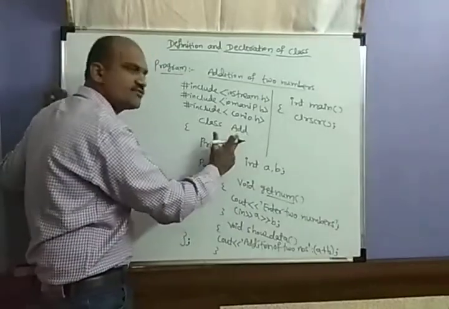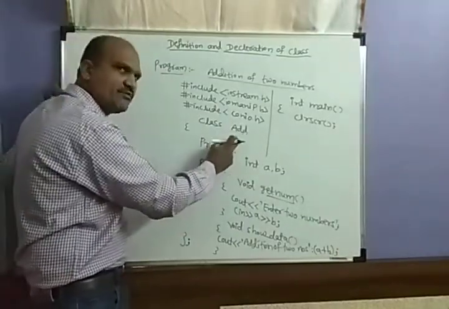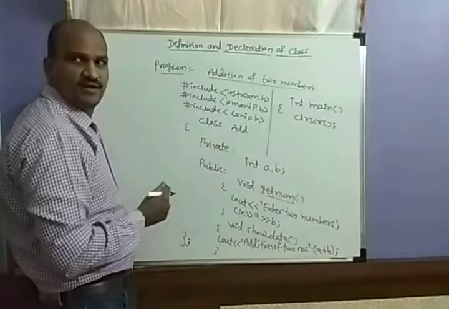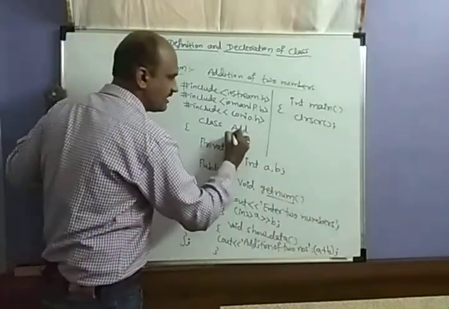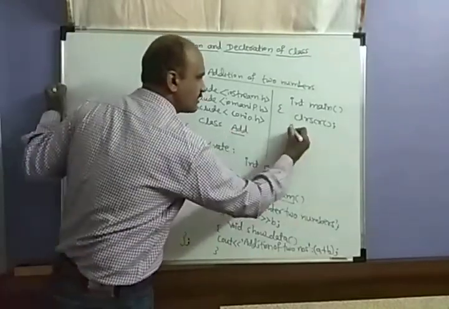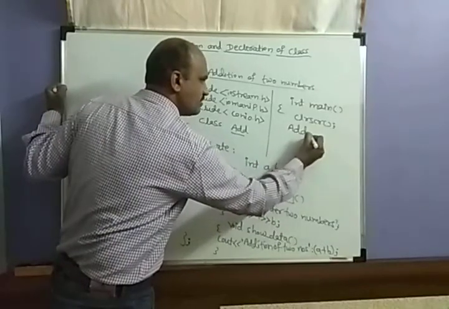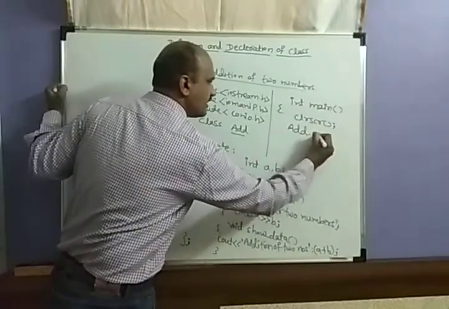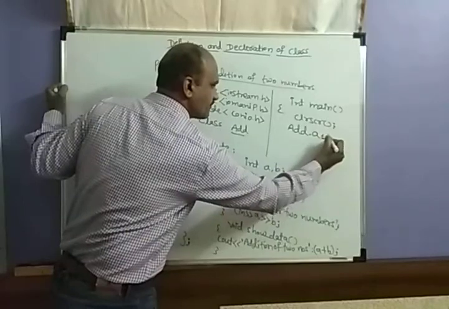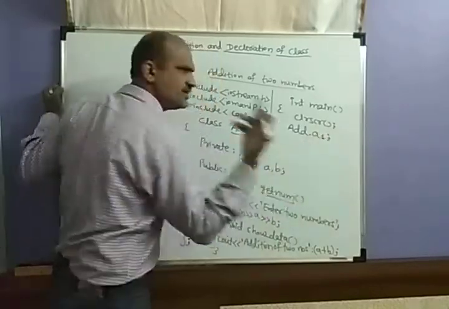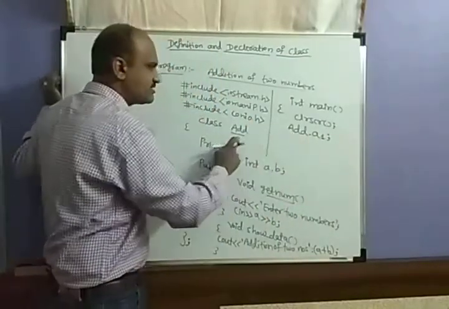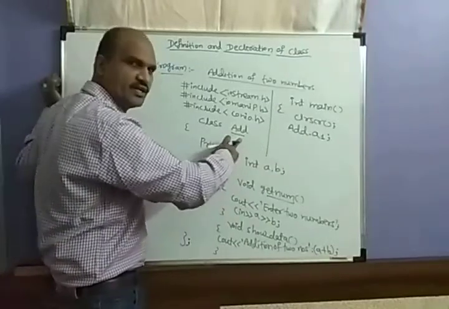Whatever class name you have, the same class name should be in the main function. I have written add as the class name, so I should take add as the class name, then create one object here, a1. You can take any object name, but the class name should be the same as what you declared here.